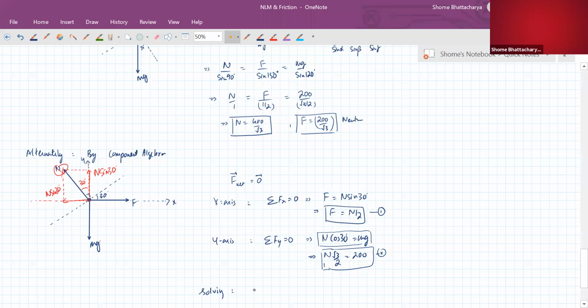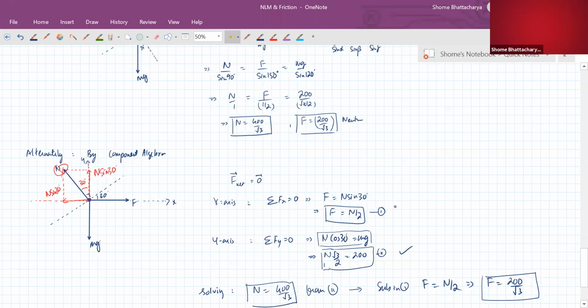The solving will give us that the normal reaction from the second equation is 400 by root 3. Substitute that in the first equation. So F is equal to N by 2. So F will become 200 by root 3 in newtons. From this equation, we're getting this here.